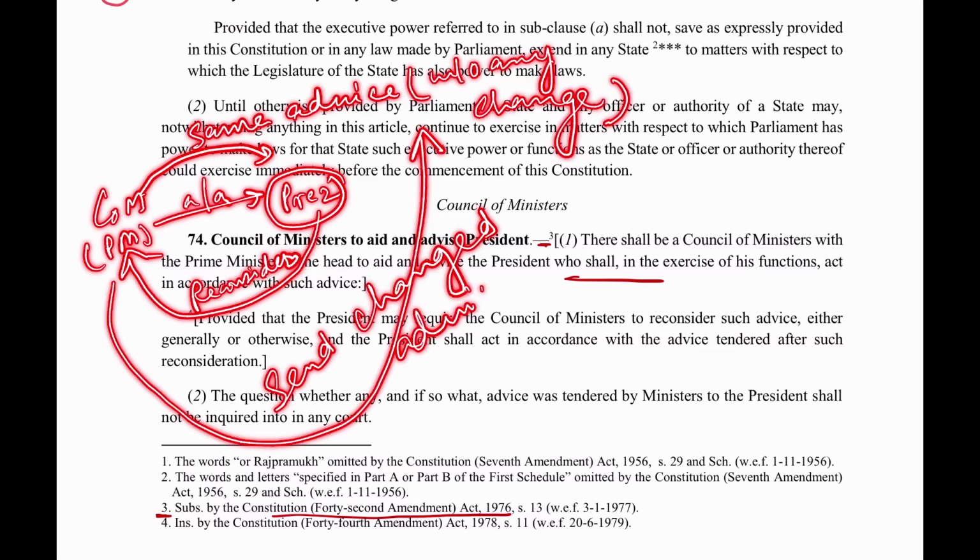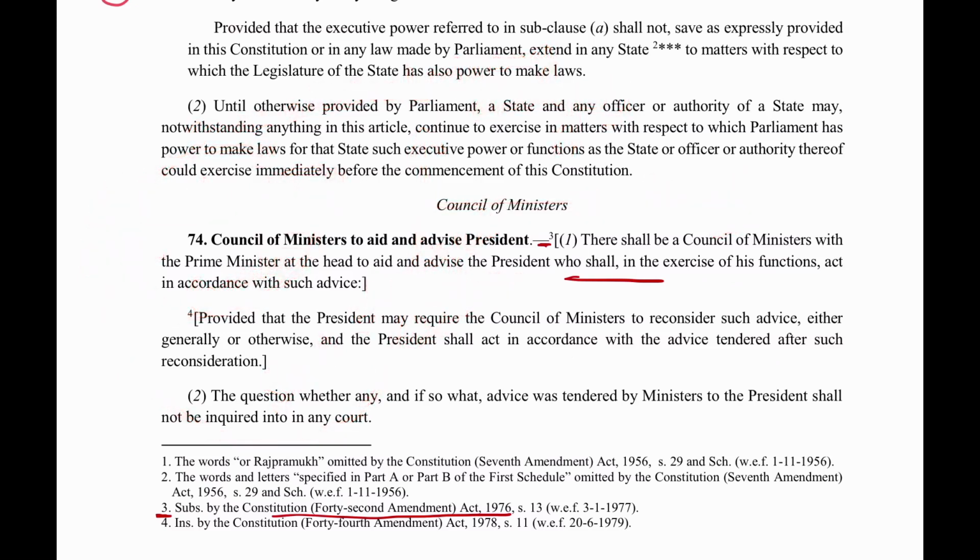These two possibilities are there. Whatever advice comes to the President the second time, changed or unchanged, the President is bound to agree to it. I hope you are getting the idea. So the President anyway has to act in accordance with the aid and advice of the COM.